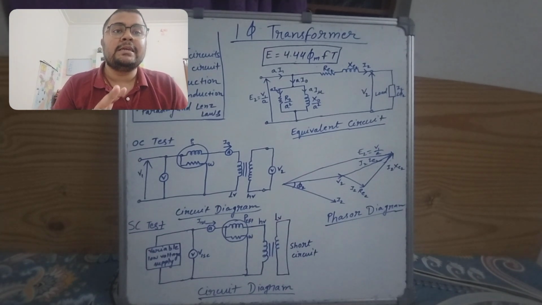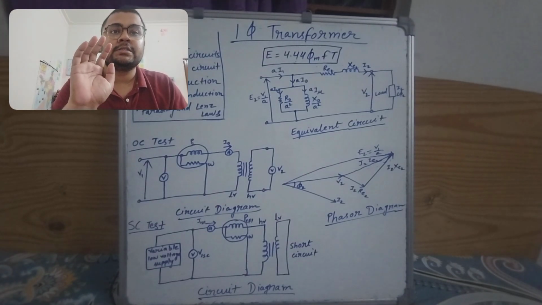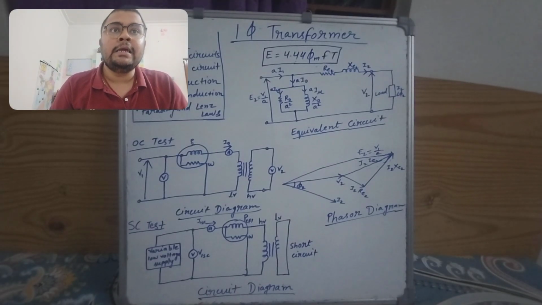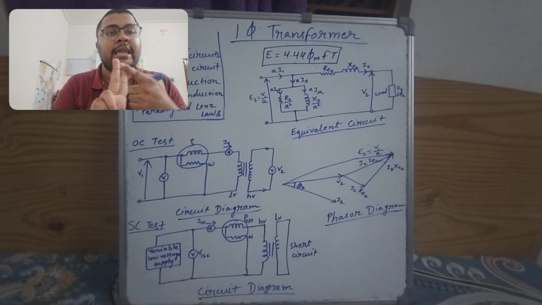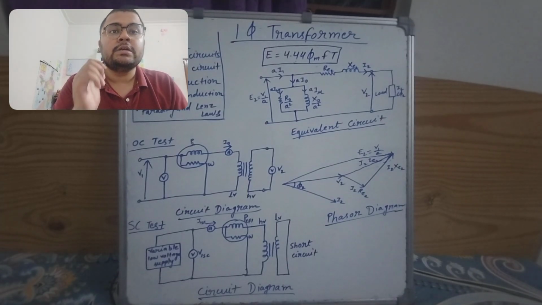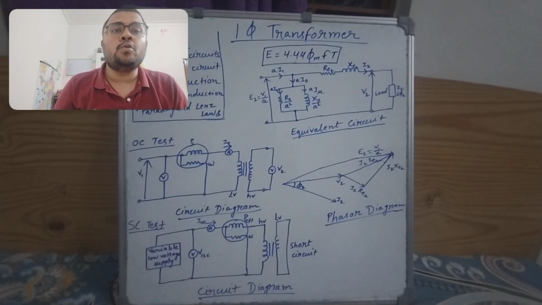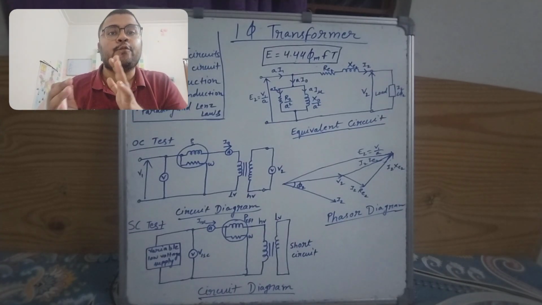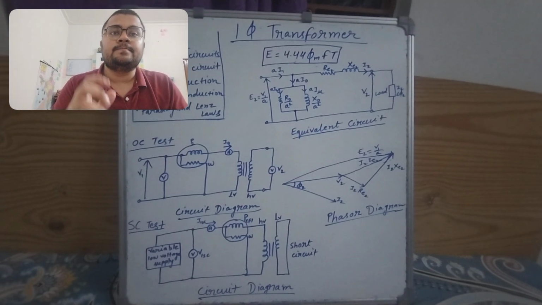Two more things are there. When we considered the equivalent circuit, we saw a few parameters like I0, which is the no load current. The no load current is divided into two components, IW and I mu. IW is the active component of current or wattful component, whereas I mu is the reactive or wattless component.